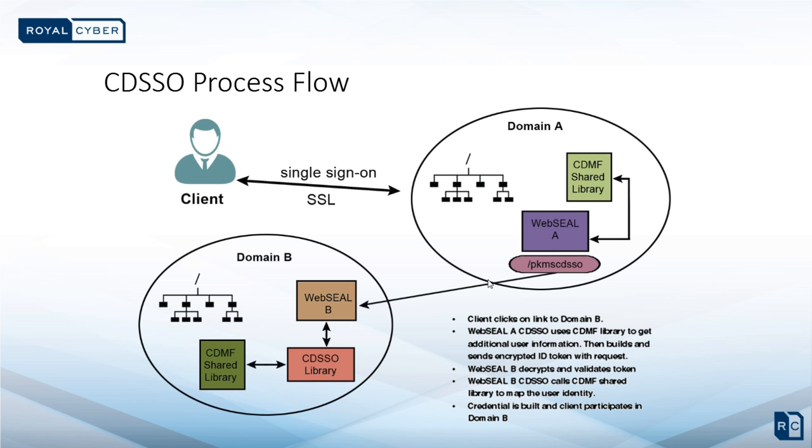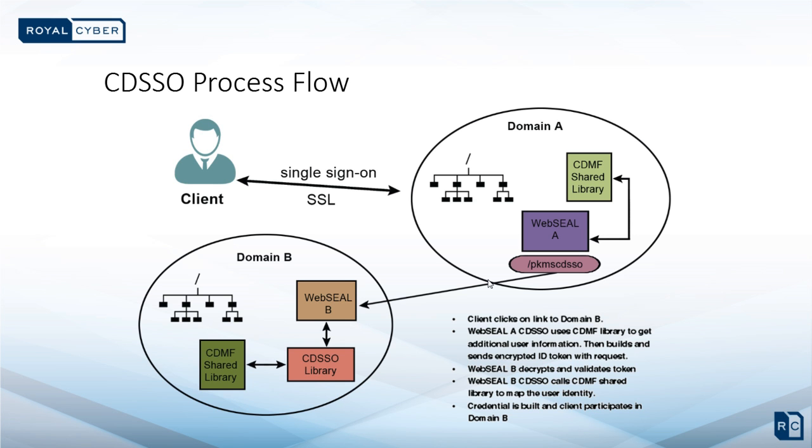WebSeal basically triple encrypts these tokens with the symmetric key generated by the CDSSO key generation utility, and this key file is shared and is specified in the configuration file of WebSeal. There is a stanza called cdsso-peers, in both of the WebSeal servers.